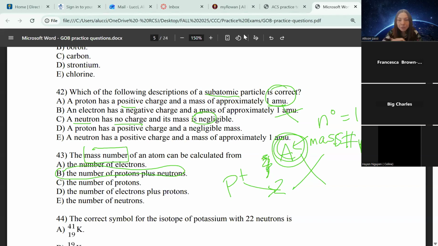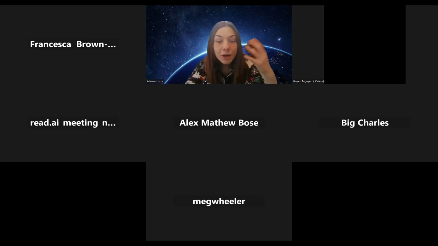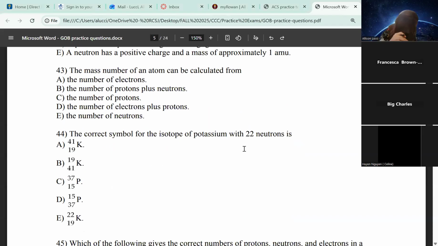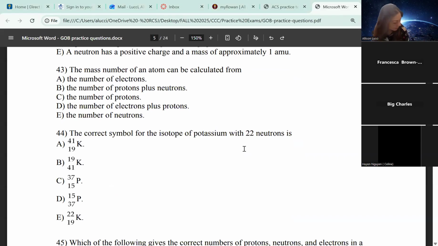Now, the correct symbol for an isotope of potassium. If you have your periodic table handy on the day of the exam, you can look in your front booklet cover. We would notice that potassium is element number 19, in group 1A. It has 22 neutrons.